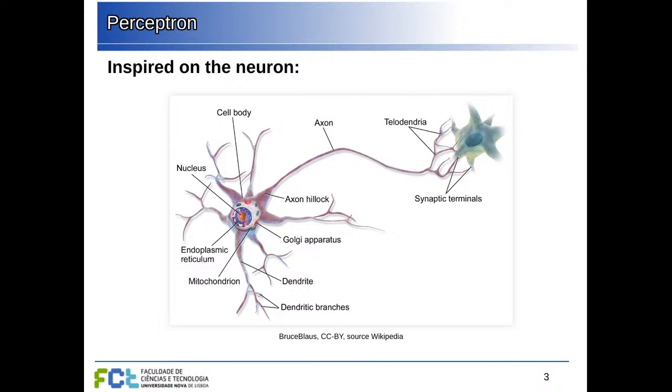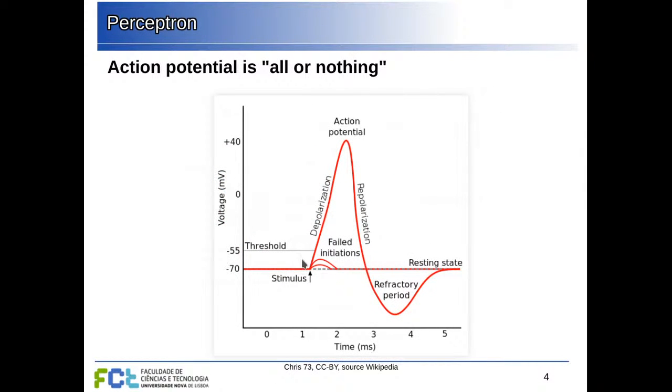So the idea of the perceptron is inspired by the neuron, and that's why we call them artificial neural networks. The neuron is a large cell that has these dendrites that receive inputs, that sense some stimulus, and if the stimulus falls below some threshold, the neuron doesn't do anything.